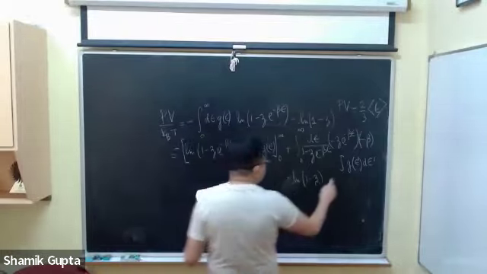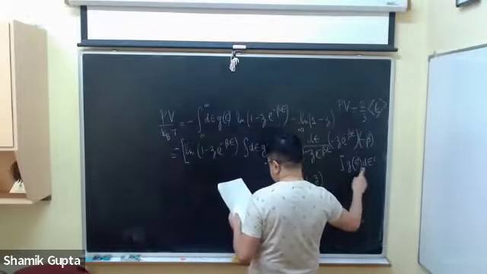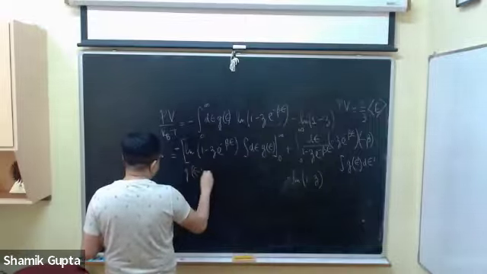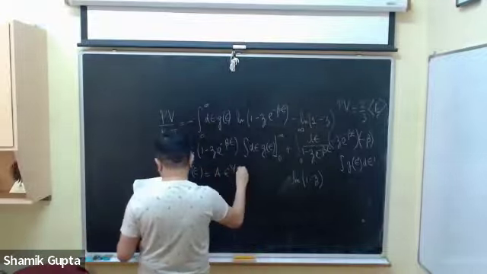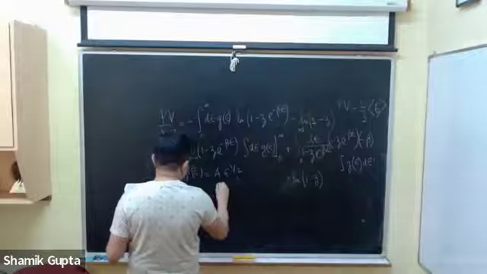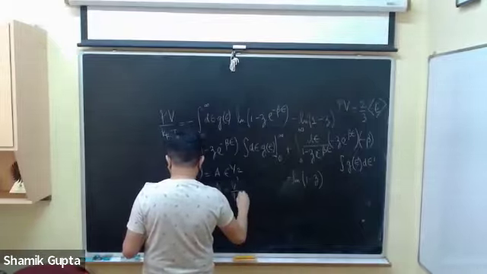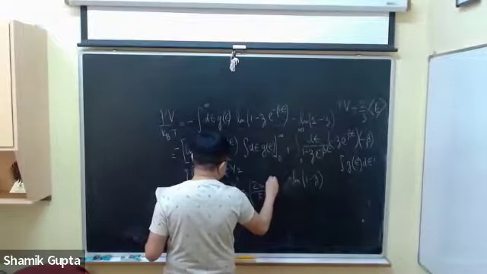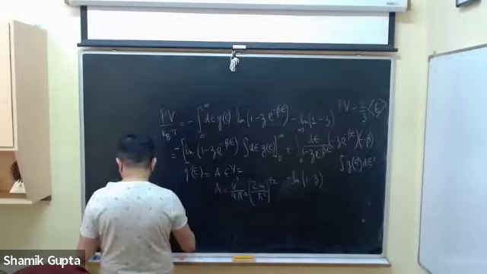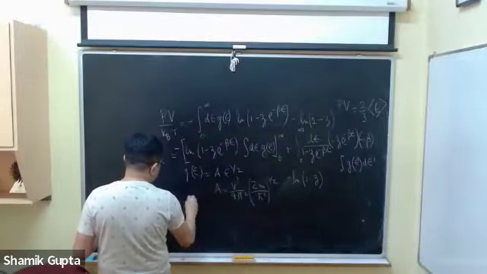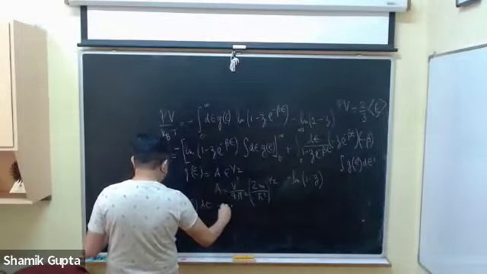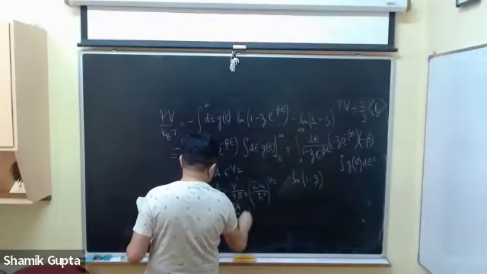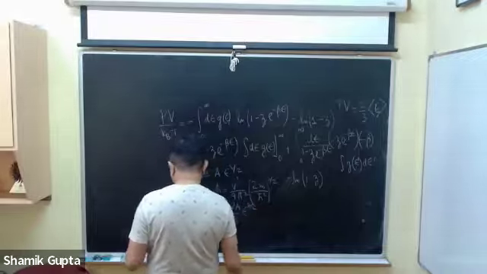So in the second term, let me just do this integral. If I do this integral, what do I get? I know that G epsilon is equal to A epsilon to the power half, where A is V by 4 pi square times (2m by h bar square) whole to the power 3 by 2. If that is the case, then the integral of G epsilon d epsilon would give me 2A by 3 epsilon to the power 3 by 2.